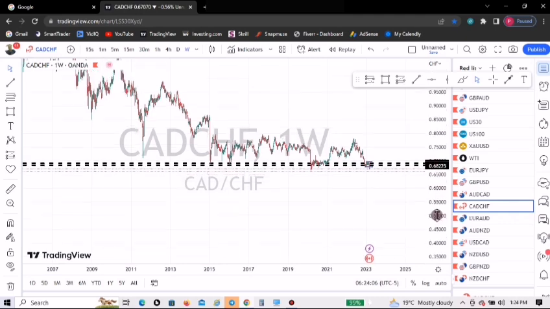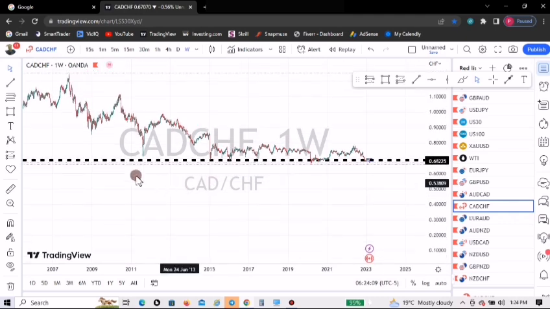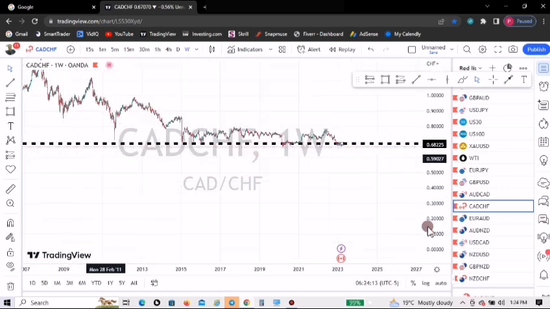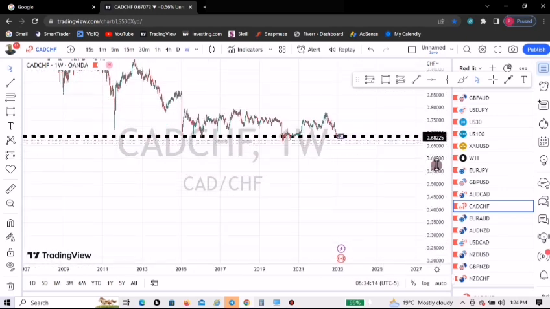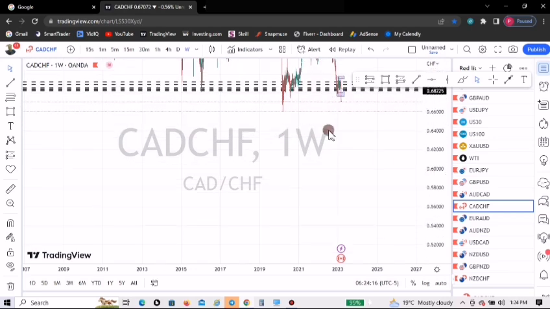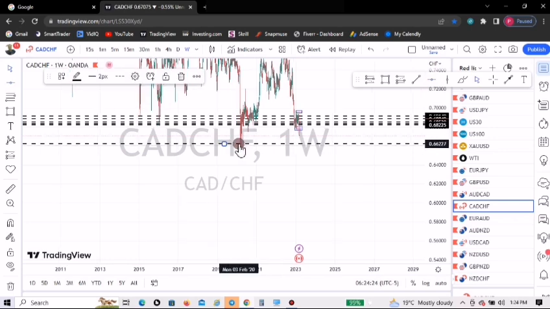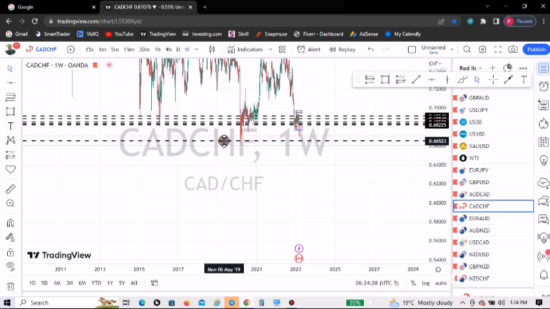So this pair just keeps dropping. Can't even see where it is going, but it just keeps dropping. Okay, I can say it is headed to this lowest point right there. Just put it there.